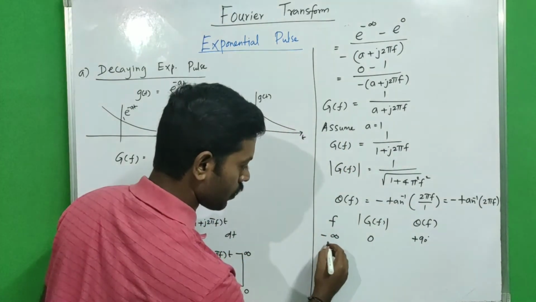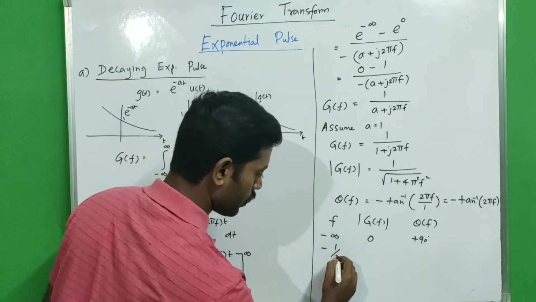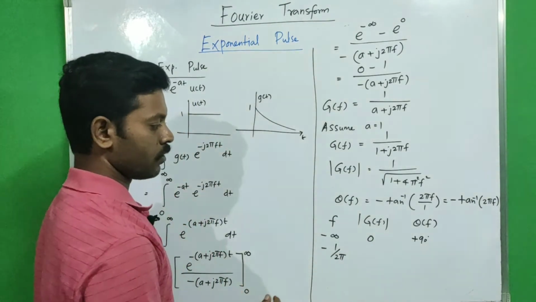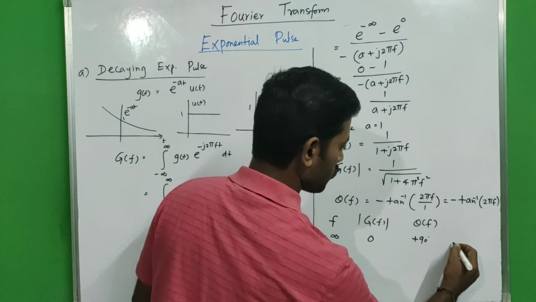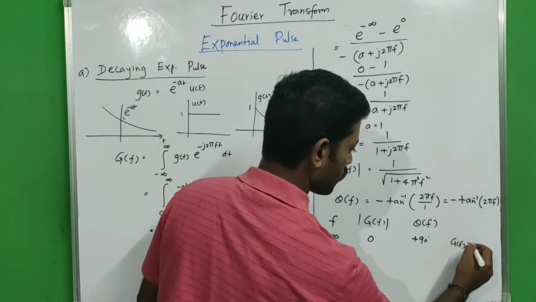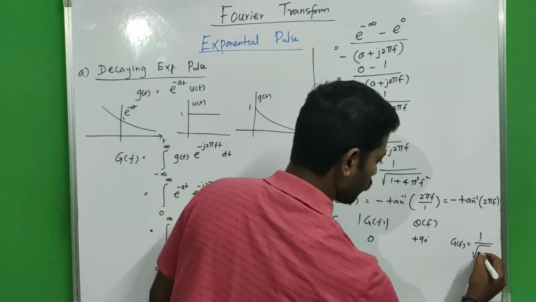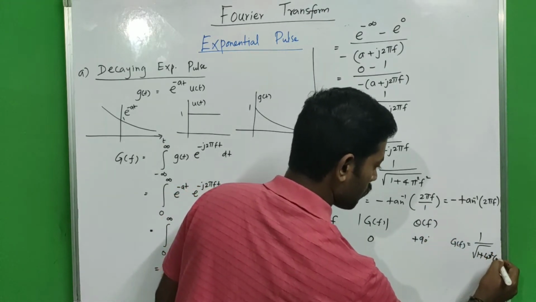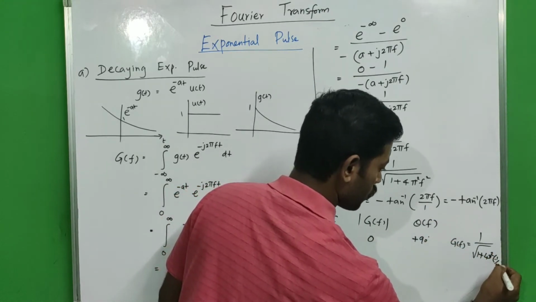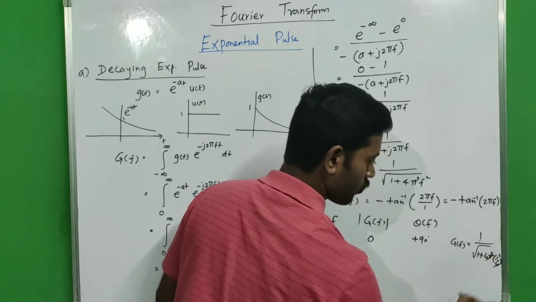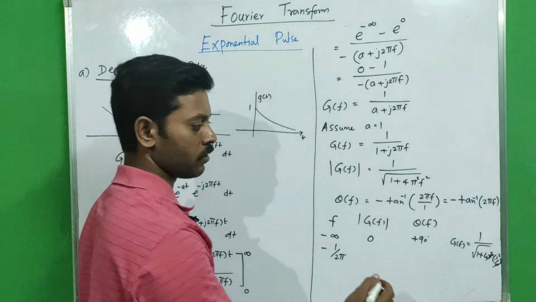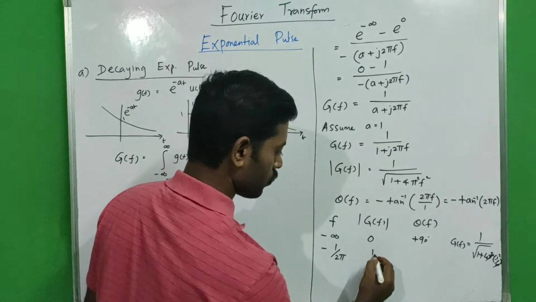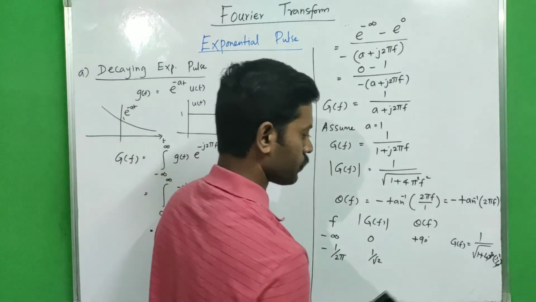Similarly, I am going to apply f equal to 1 by 2 pi. G of f equals 1 by the square root of 1 plus 4 pi square times 1 by 2 pi whole square. The 4 pi square cancels, so we get 1 by root 2.